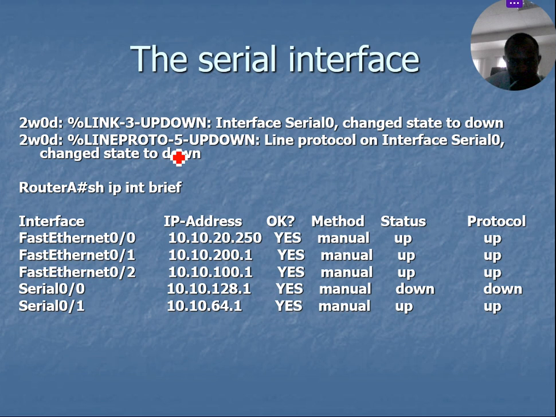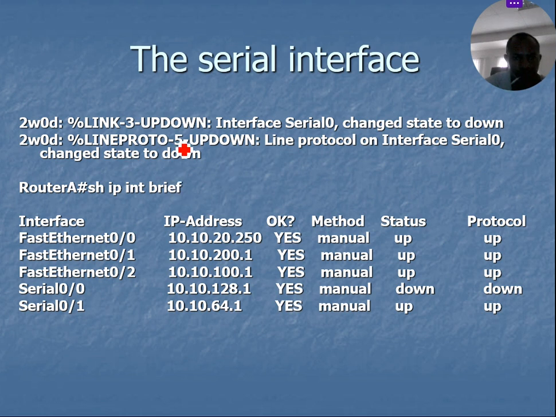This proto is for protocol. The first one is for status, the link is for status, and the line proto is for the protocol: line protocol on interface serial 0, changed state to down.